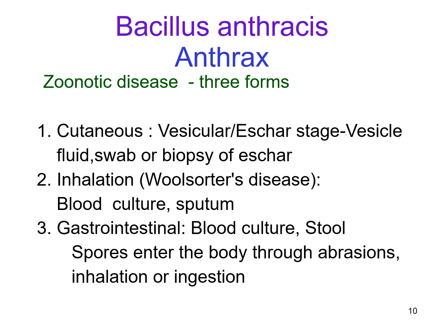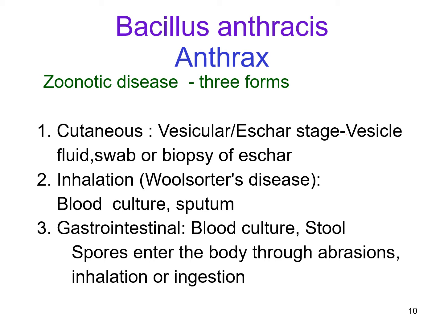So the first potential agent of bioterrorism that we'll revisit is Bacillus anthracis. This falls under the biological agent category because of its natural occurrence in the environment and its ability to cause disease and death.